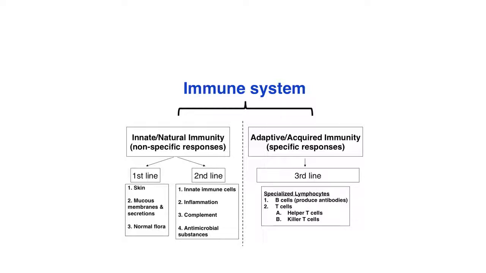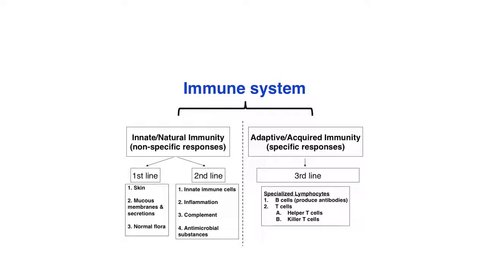It's a system of organs, parts of organs, substances and reactions which do not discriminate between different invaders. If it is invading you from outside, if it is a foreigner, just destroy it, get rid of it.